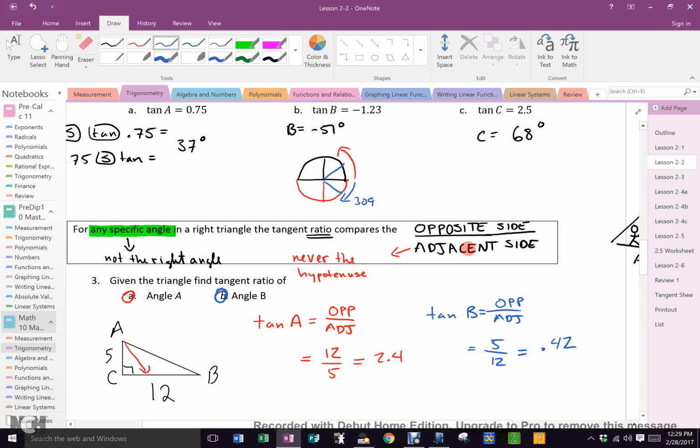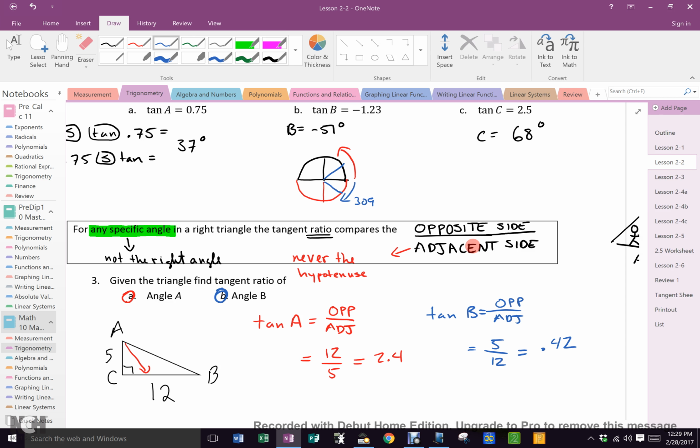Opposite and adjacent change with where you are in the triangle. And that makes sense, doesn't it? Because where you move in the world changes the way you look at the world, doesn't it? Right now, I see Ken right in front of me. If I move, I'm going to be looking at a different face, right? So that makes sense.